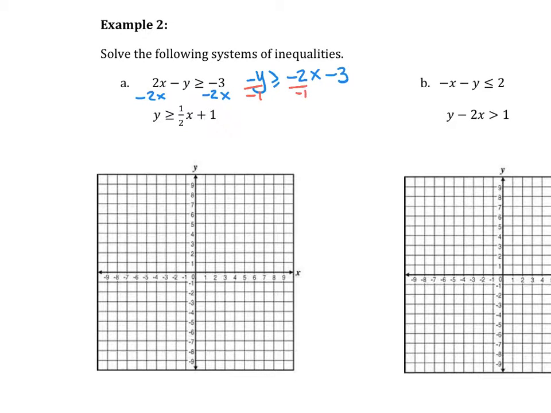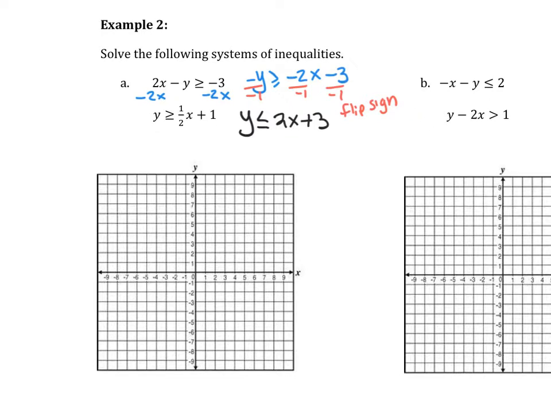So everything gets divided by a negative 1, and that means we have to flip the sign. So now we have y is less than or equal to 2x plus 3. Okay, and our second inequality, y is already by itself, so we're good there.